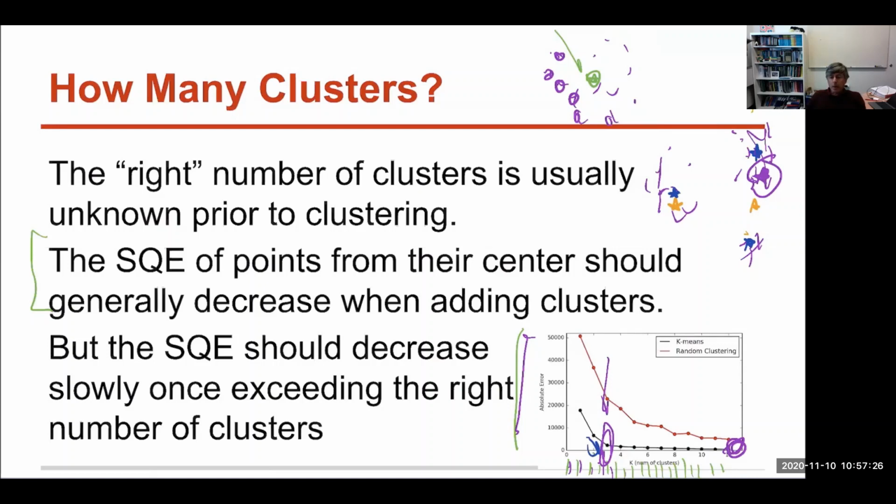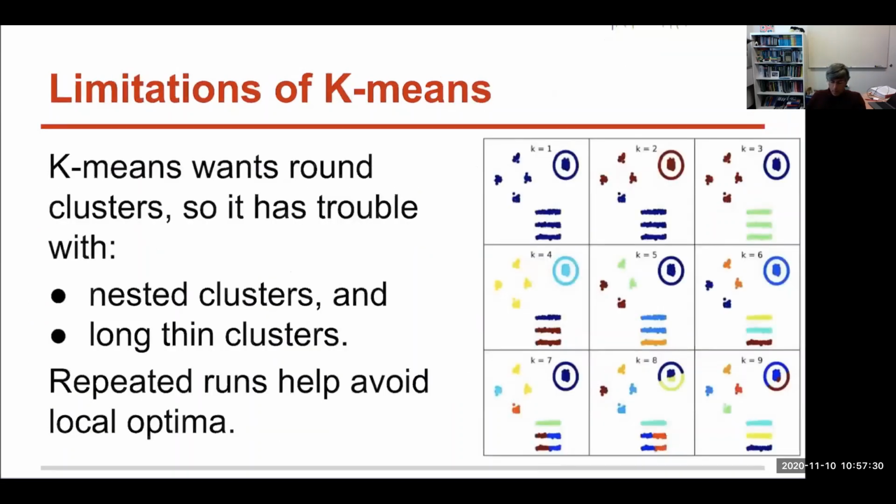Any questions about clustering or k-means or anything like that? Okay. K-means is a good algorithm. This is what happened when I took our example before and ran it with different values of k. For k equals 3, it looks like it did what I would have wanted.